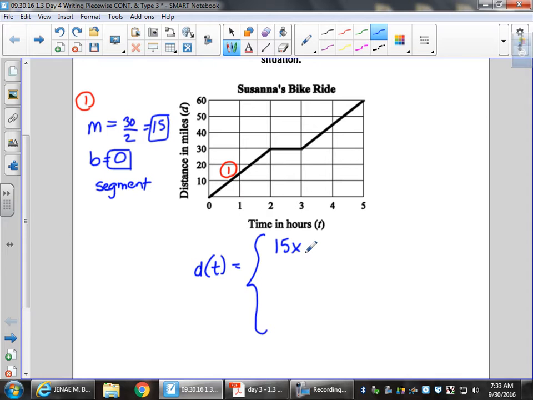But we can actually just say 15x. 0 is less than or equal to t, and then t is less than or equal to 2. Very good. Because the domain for this first segment is from 0 to 2. Very nice. Let's work on piece 2.